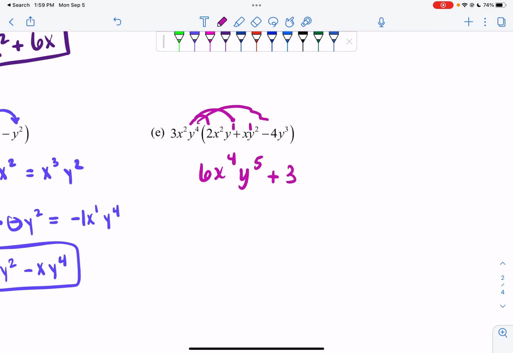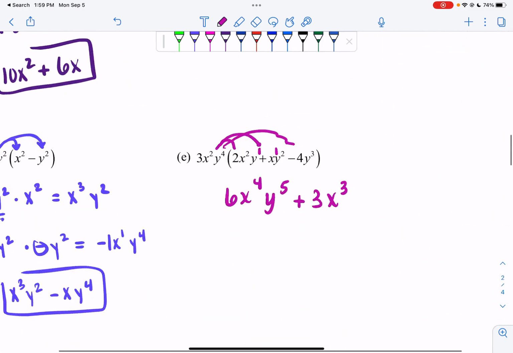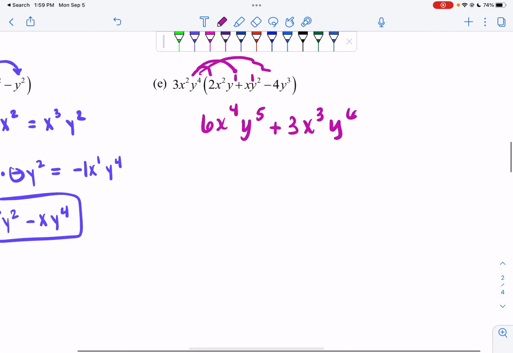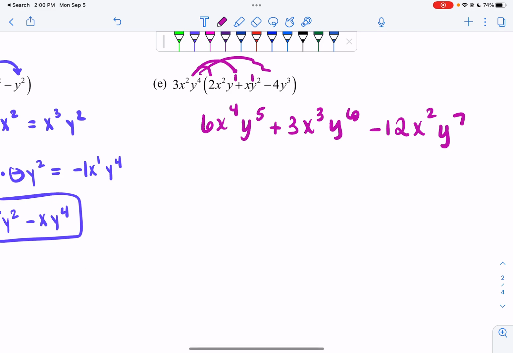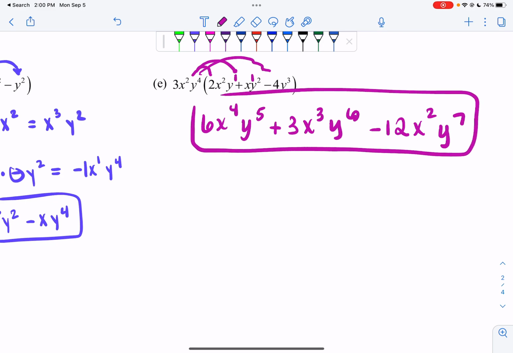X squared times x to the first is x to the third. Y to the 4th times y squared is y to the 6th. And then 3x squared y to the 4th times negative 4 gives me a negative 12. X squared just comes along for the ride. And then y to the 4th times y to the 3rd is y to the 7th. And that's my final answer.